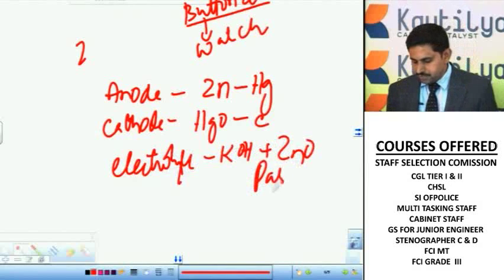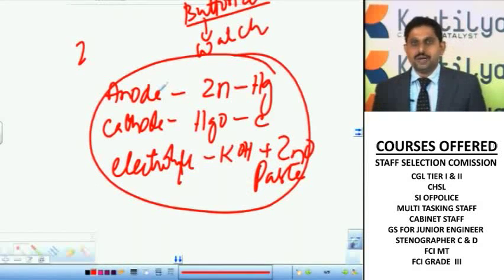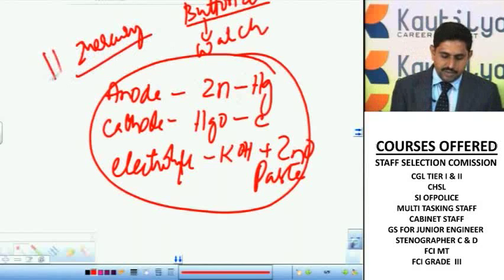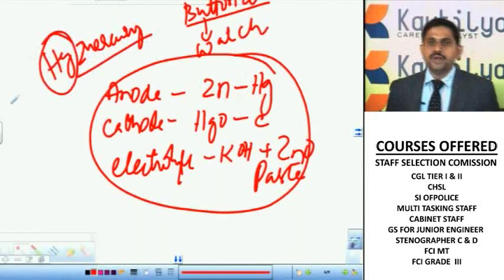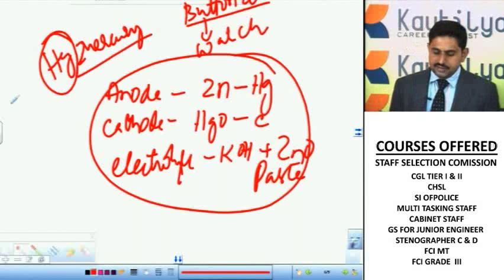So the button cell is also called a mercury cell, Hg being mercury. The mercury cell is what we use in watches. It consists of zinc as the anode and carbon as the cathode.